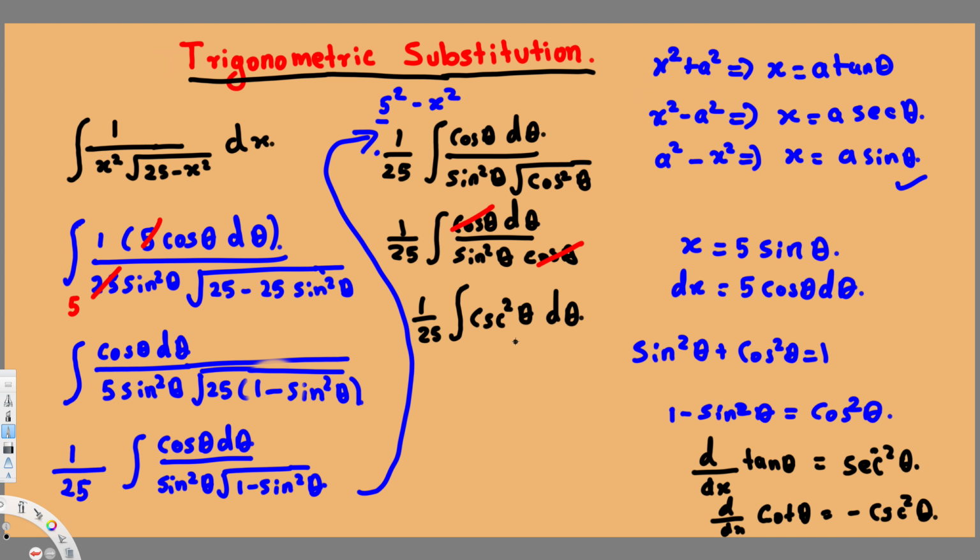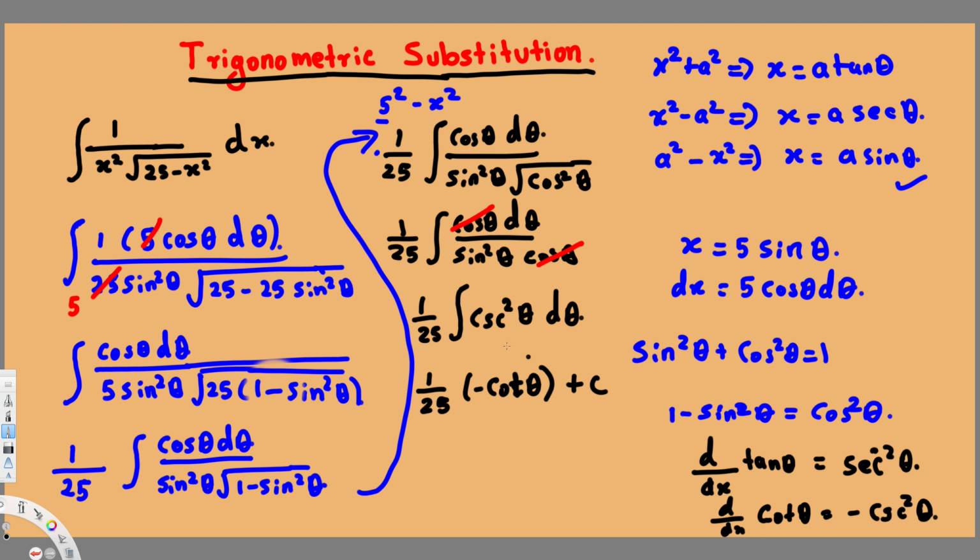So if we integrate this one, we are going to get the opposite of this one. This is when we take the derivative. When we do the integration, we are going to have 1 over 25 times minus cot theta plus constant, right? So this is going to be our integration.